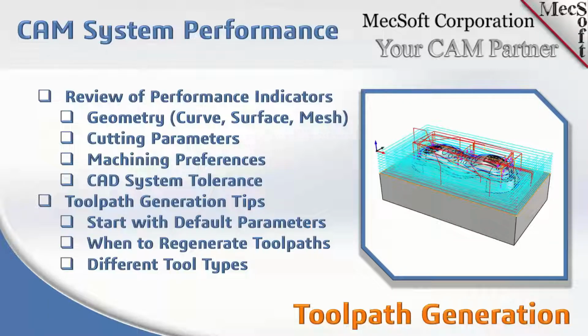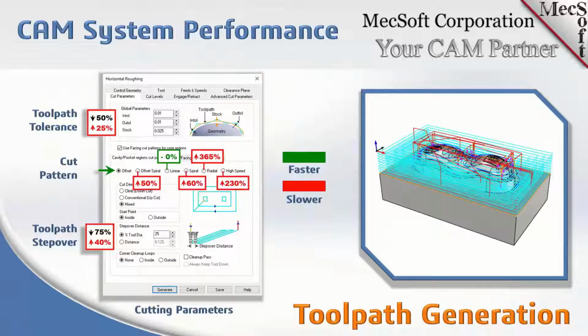Flat end mills are faster, ball mills are slower, tapered mills are even slower. That's basically because of the way the tool is shaped and how the algorithms work generating the toolpaths.